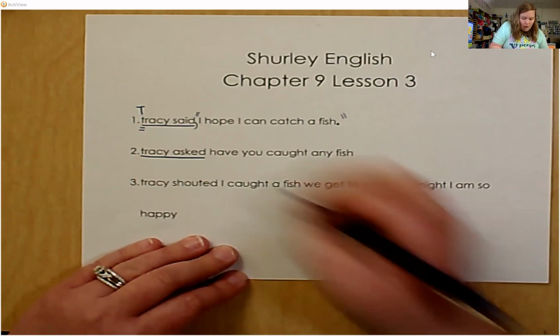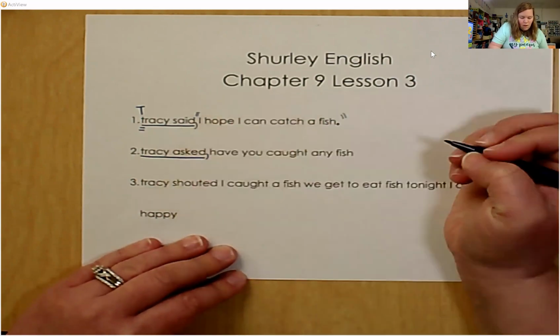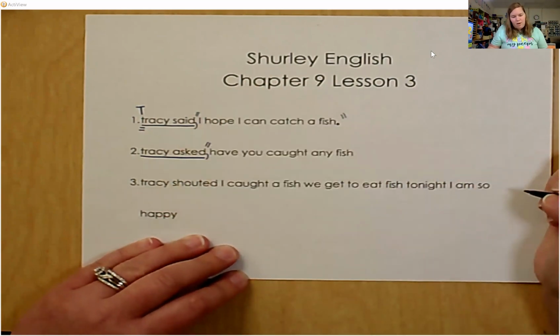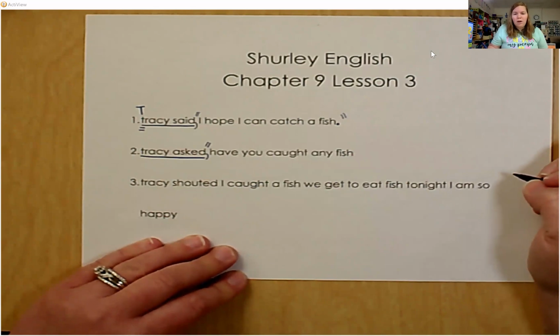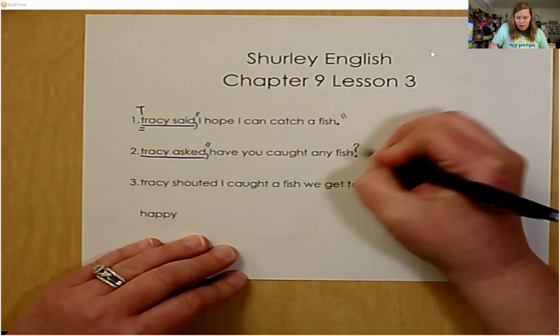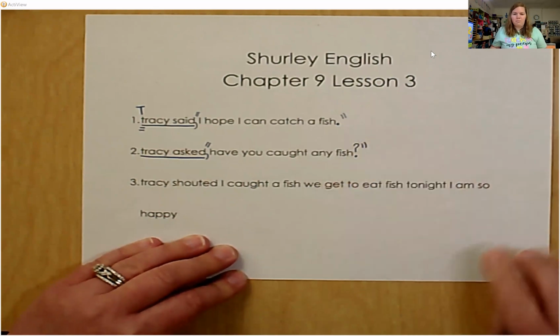So let's put a comma after the explanatory words and start our quote. Now, this says, have you caught any fish? What kind of punctuation mark do we need at the end of that? A question mark. This is a question. So question mark and then end your quotes.